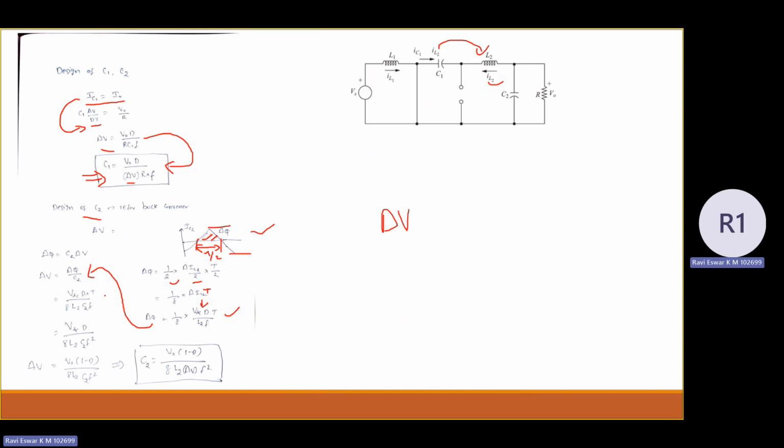So you will be getting the final C2 capacitor design. So the only thumb rule here also, to design capacitor C2, you need to check the capacitor current. From the capacitor current you will be getting the del V.